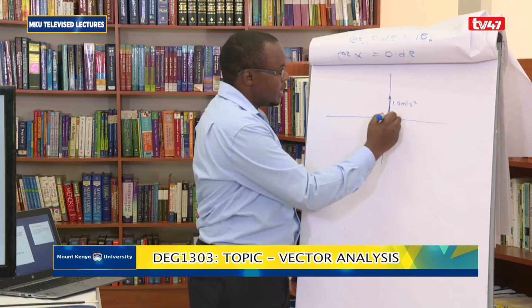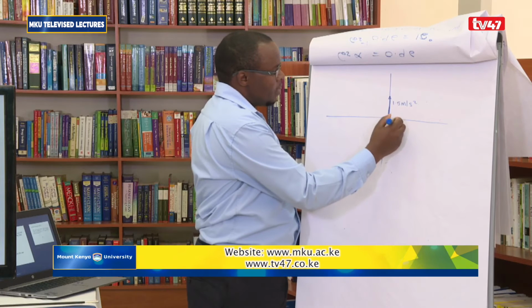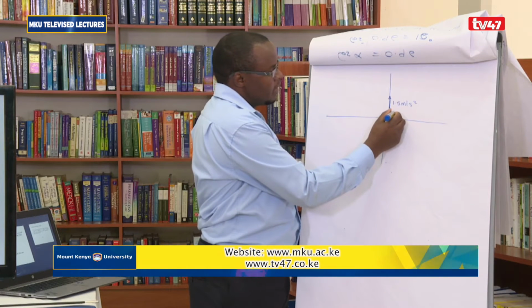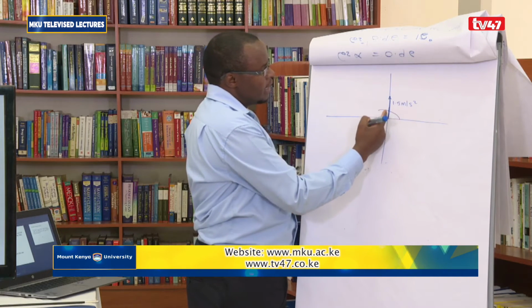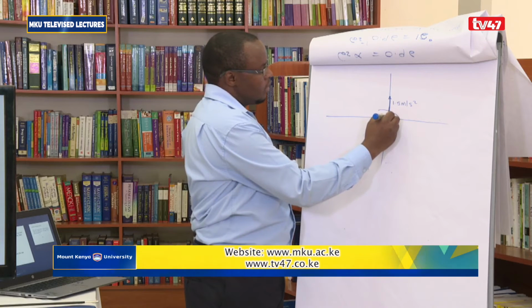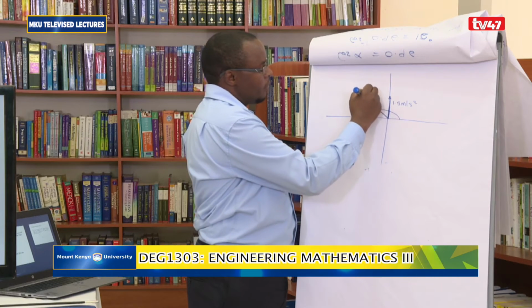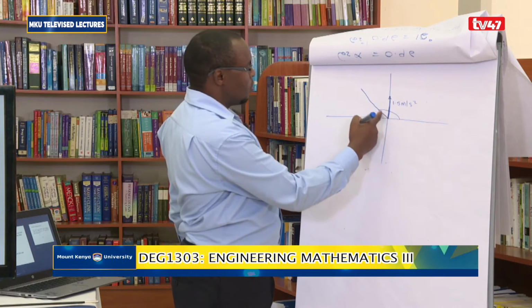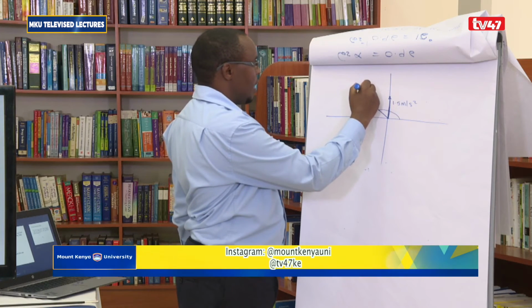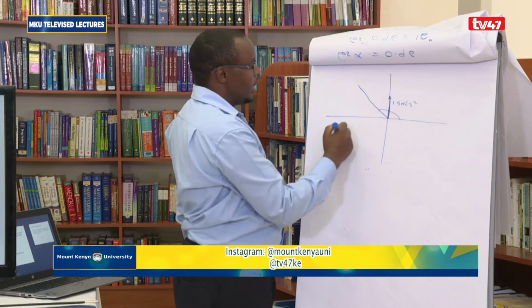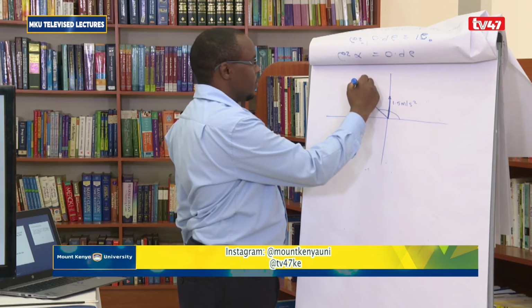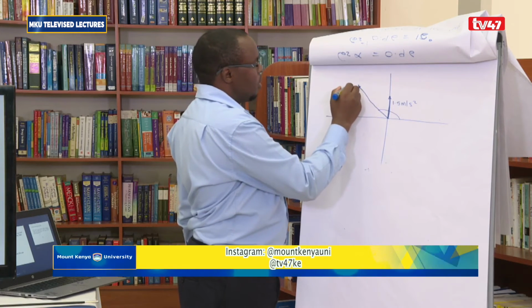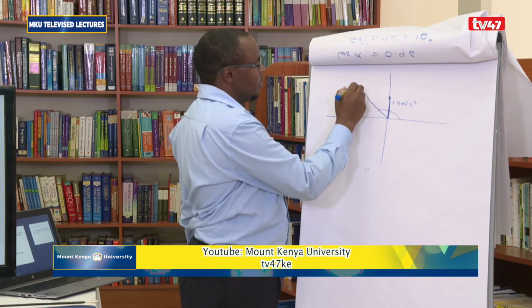So 145 degrees is going to be somewhere there, around the center of these two lines. Then 2.6 is going to be somewhere along this, around that. So this is our 2.6 meters per second squared.